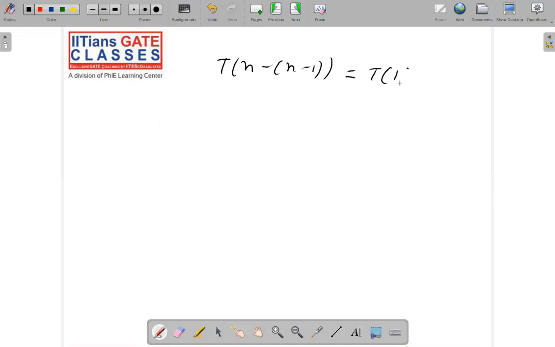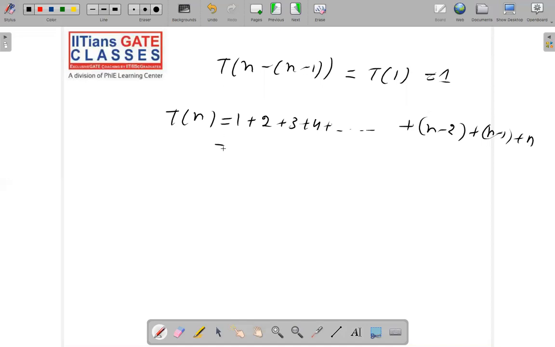It is T(1) equal to 1. So T(n) would be 1 plus 2 plus 3 plus 4 plus ... n minus 2, n minus 1 plus n, which is actually equal to a simple sum, like a simple arithmetic progression sum.